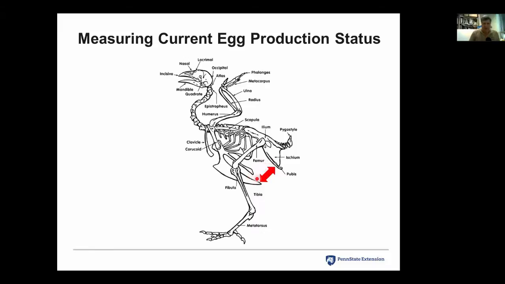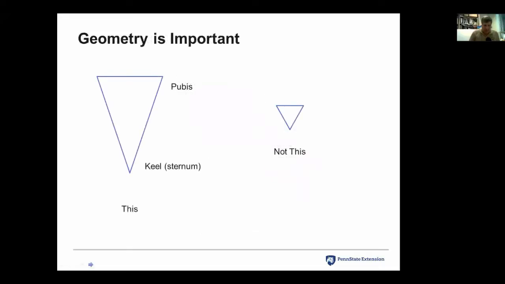As the bird stops laying eggs, this distance will close. So what we're looking at from the back of the bird is something that looks like this, where we want a bird with a longer distance between the pubis bones and the keel, versus a bird that's not productive, where the distance is very, very short.